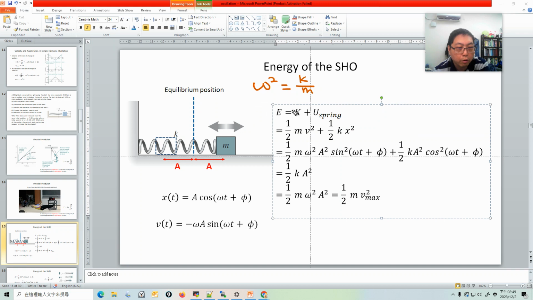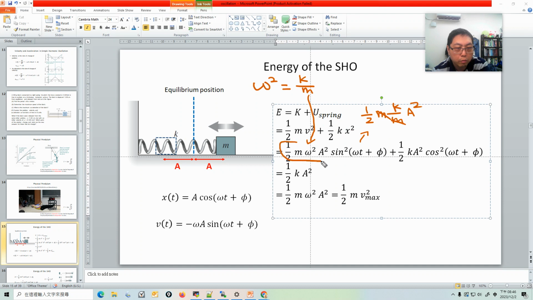So we can put omega squared equal to k over m into here, and then this will become 1 over 2 m times k over m times A squared, and the m's cancel out.